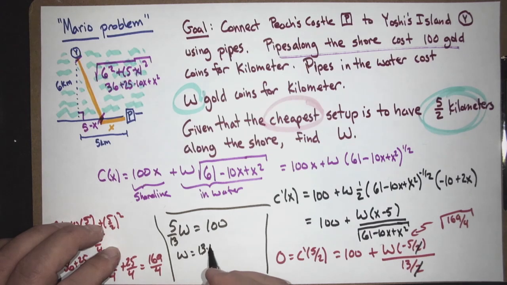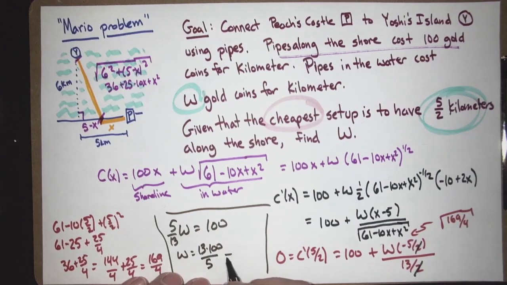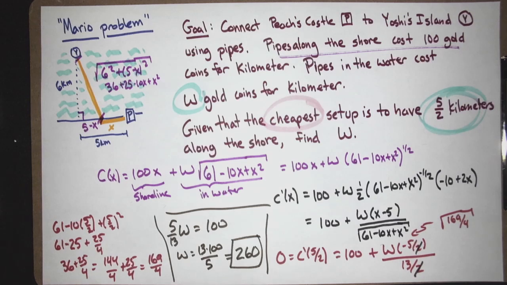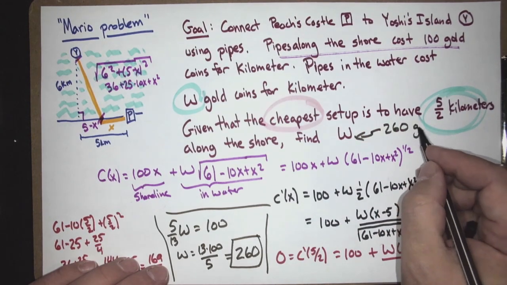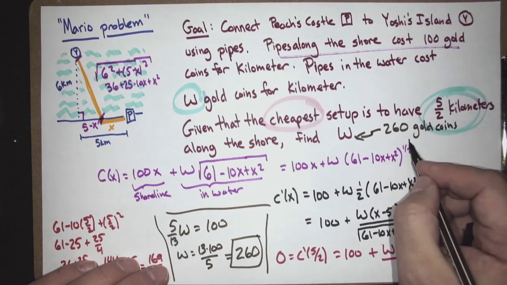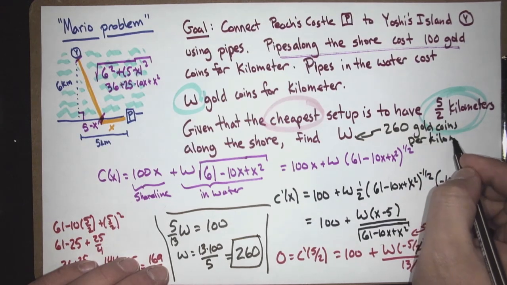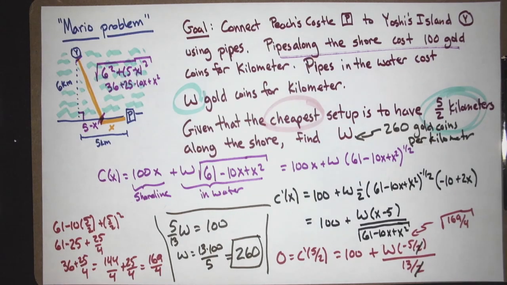So W is 13 times 100 over 5, so we can do 100 into 5. So 100 divided by 5 is 20 times 13, 260. So the W, the cost for the water, is 260 gold coins per kilometer. And there we go. So that's the answer, 260. Aha! Just as you thought.